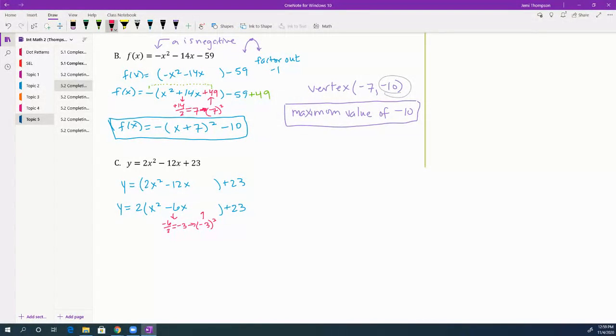I complete the square, which means I add 9 inside the parentheses. But wait, you took something out, so take that into account. I didn't actually add 9 because I really added 9 times 2. So when I added the 9 inside, I really added 18. So to make this equal, I have to subtract 18.